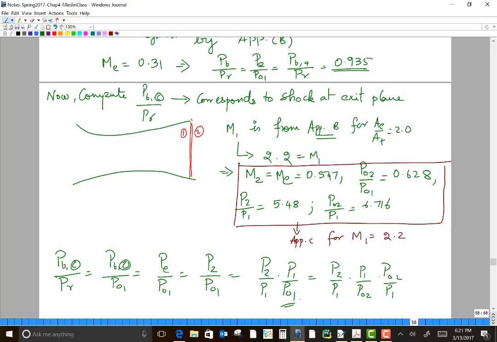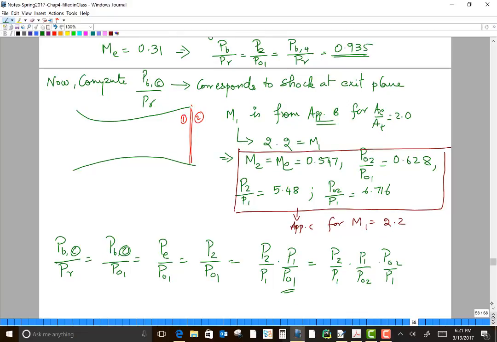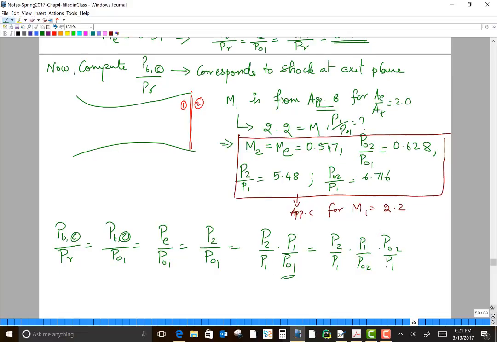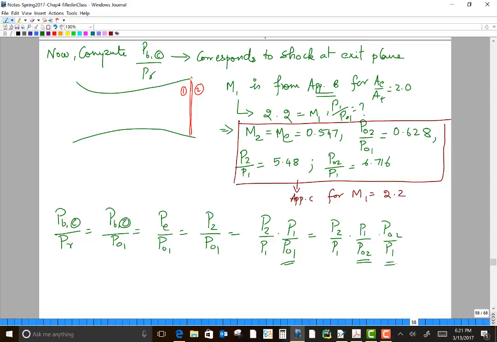You can directly compute this, but I'm computing these values. I should have looked at it from here, I could have obtained P1 by P01 directly, but since I did not do it, I have to do it the slightly longer way. Since I have P1 by P02 and P02 by P01, this is nothing but 5.48 times 1 by 6.716 times 0.628. This is nothing but 0.5125.